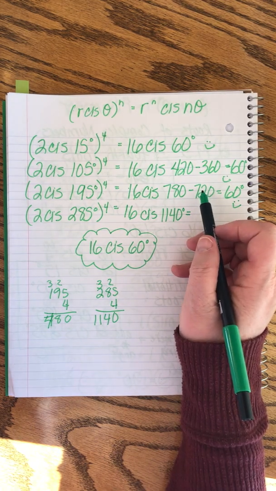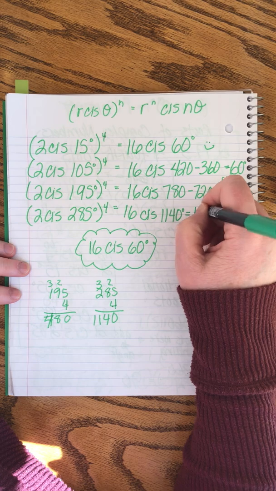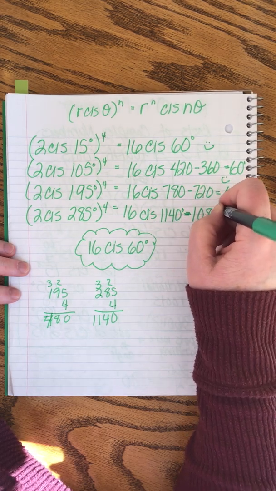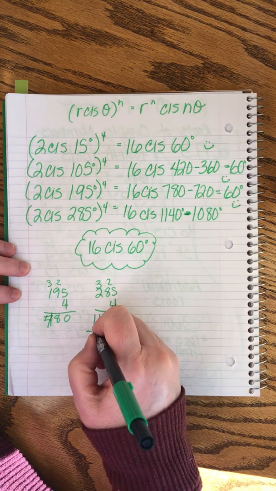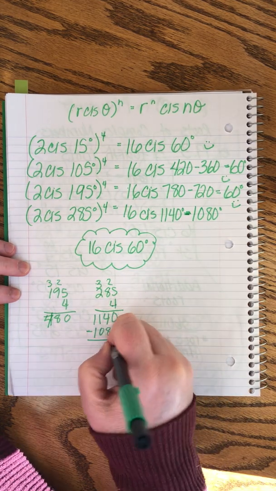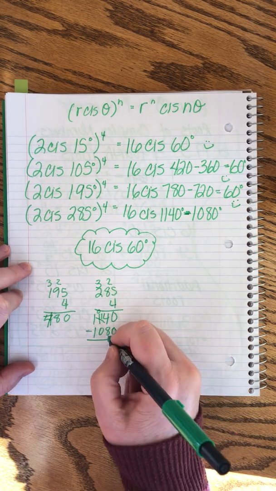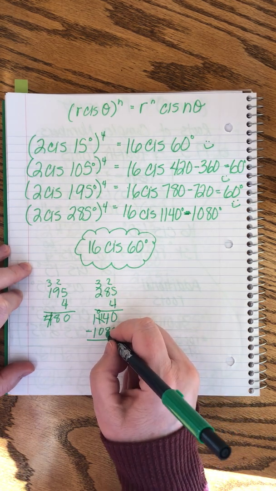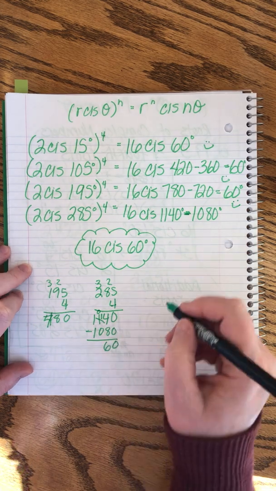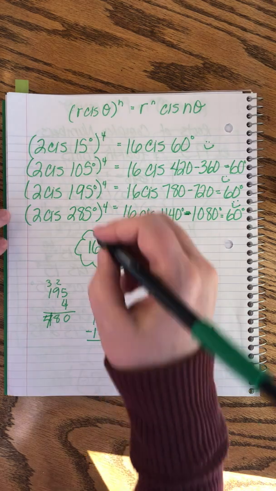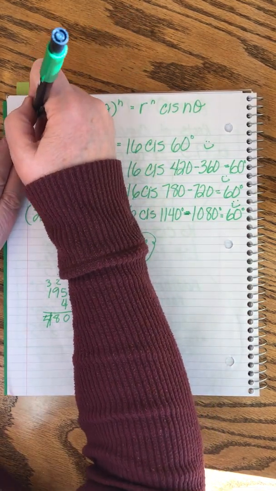That would be 1080. Oh, I'm sorry, this is a minus, not an equals. Sorry, my mouth is not working today, but my numbers are coming out just fine. When we subtract that, we get, once again, 60 degrees. So we can check our work with these.